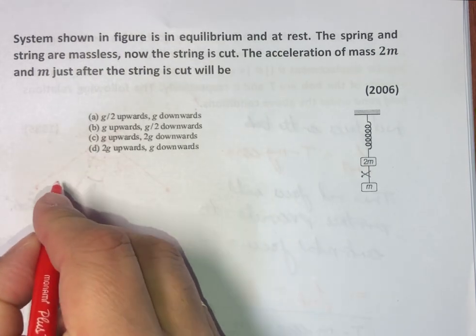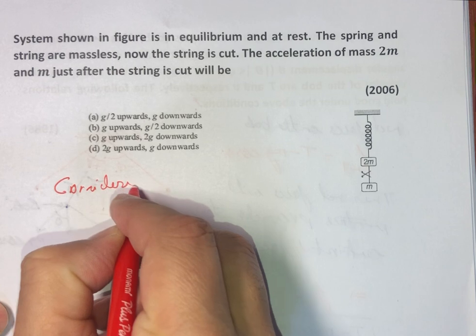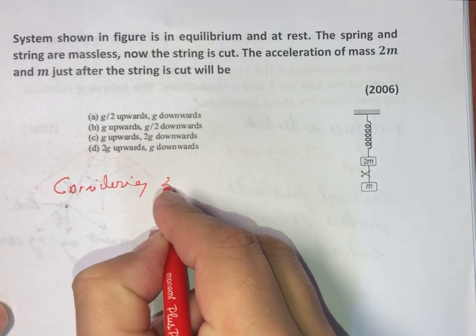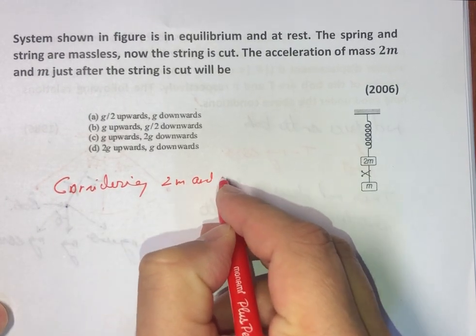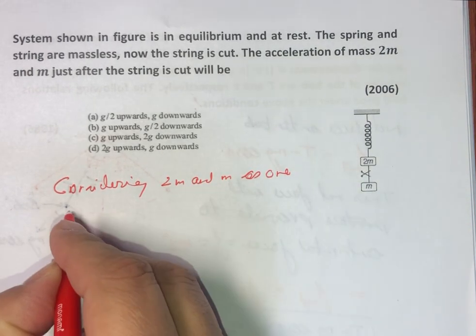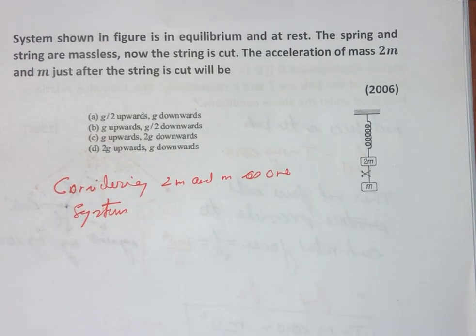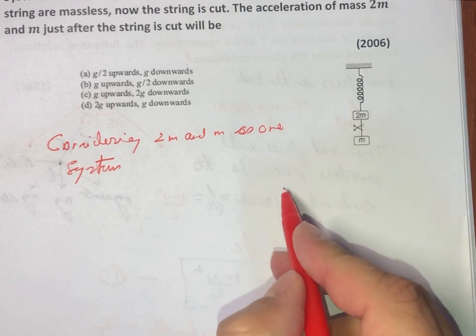You can say considering 2m and m as one system. Under this condition, let's draw the figure.